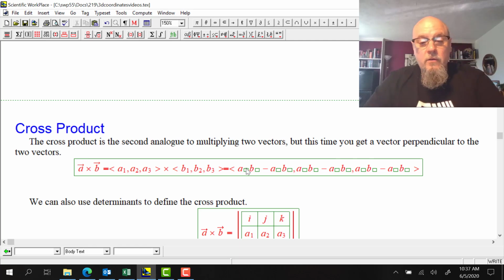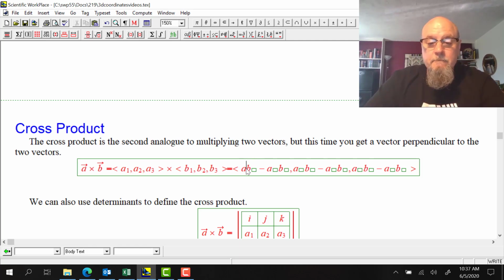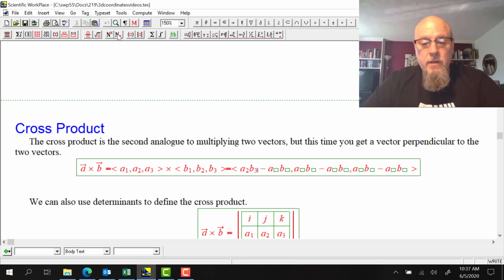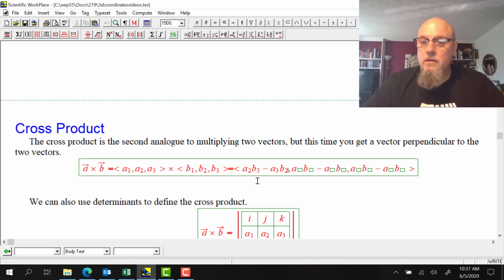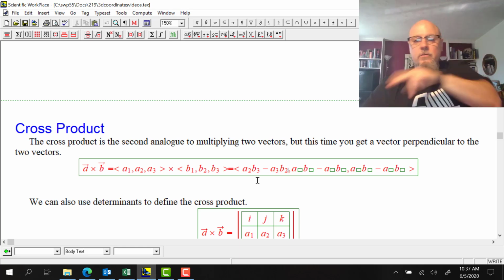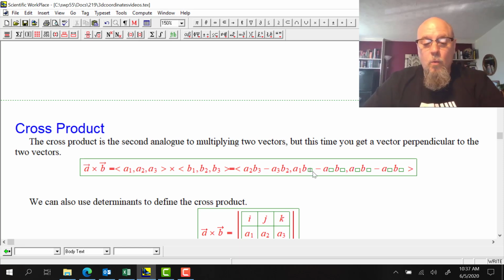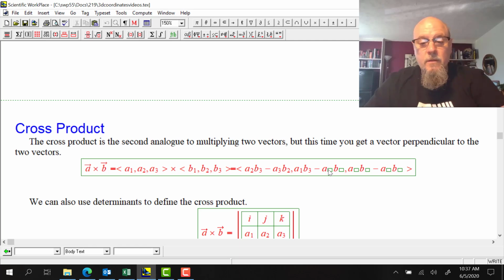It goes 2, 3, and then 3, 2, so higher and then lower. Likewise, the middle one doesn't have any 2s in it. It goes 1, 3, 3, 1.